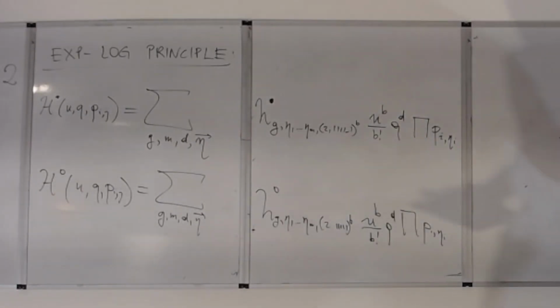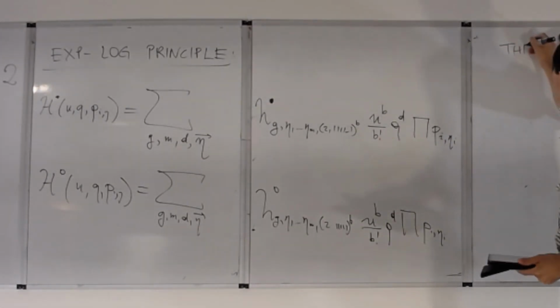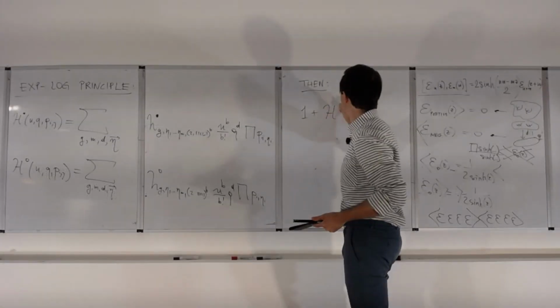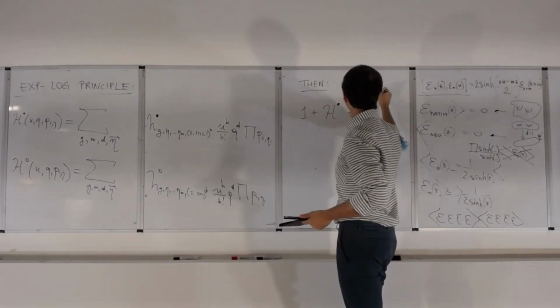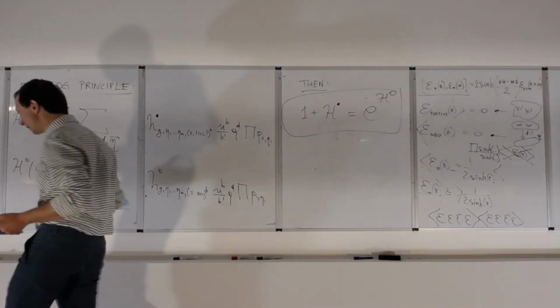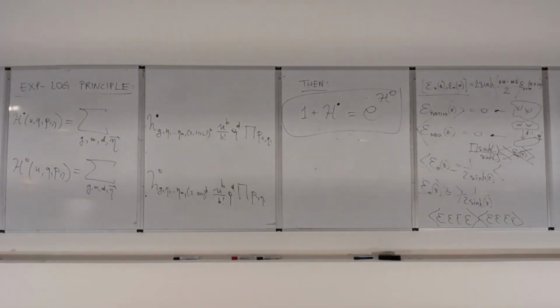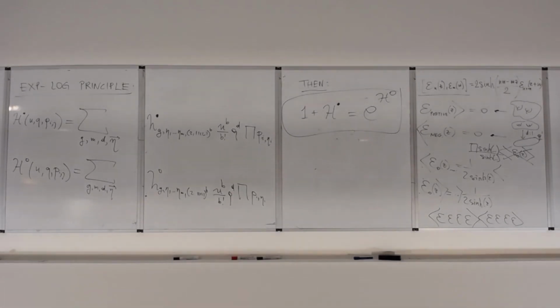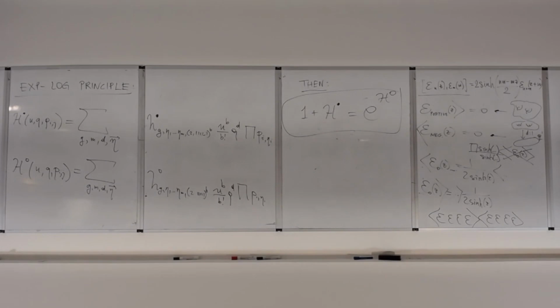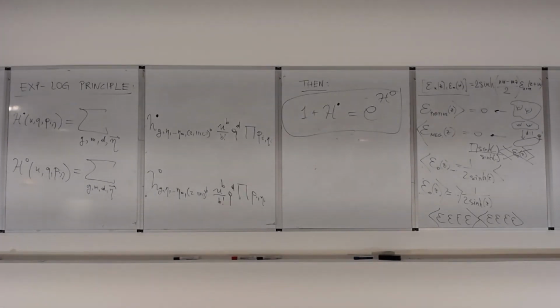And then 1 plus H bullet is equal to the exponent of H naught. As many as you need.